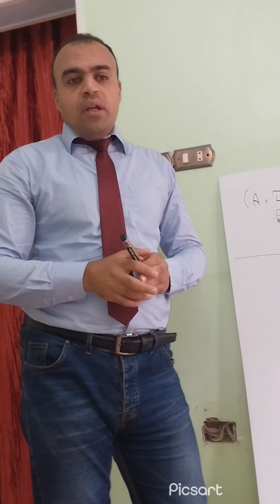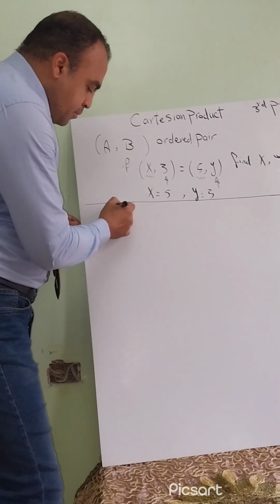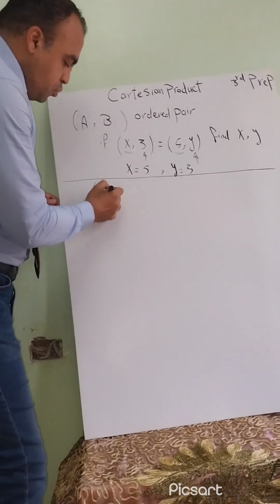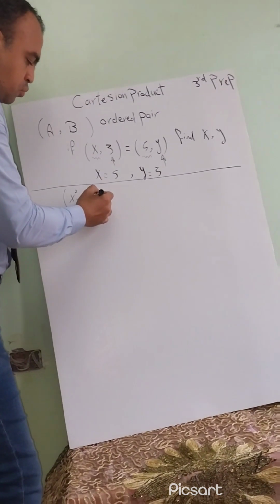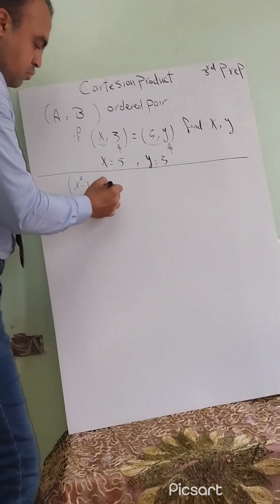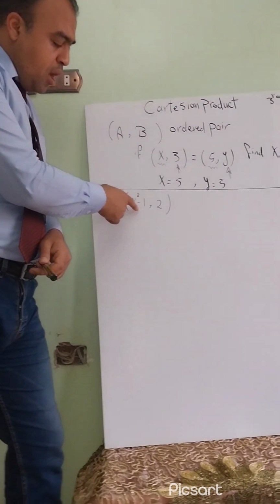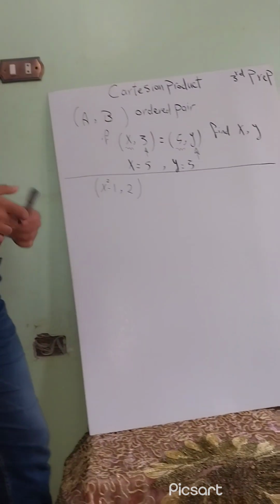Let's see what about that. If I have x power 2 minus 1 and 2, this is the ordered pair. الفيرست projection عندي هنا هو الـ x power 2 minus 1، والسكند projection عندي هنا هو الـ 2.